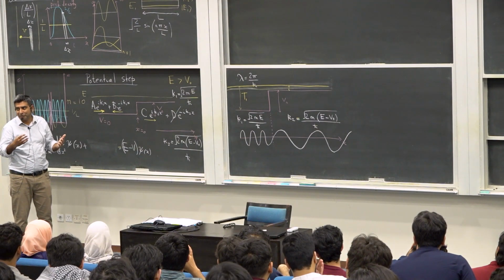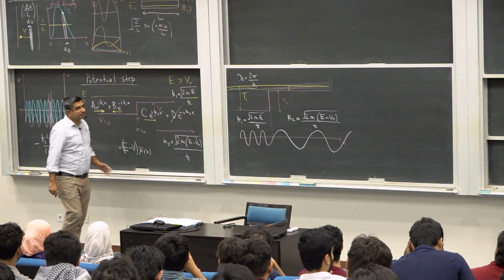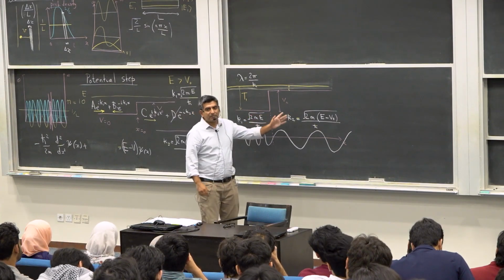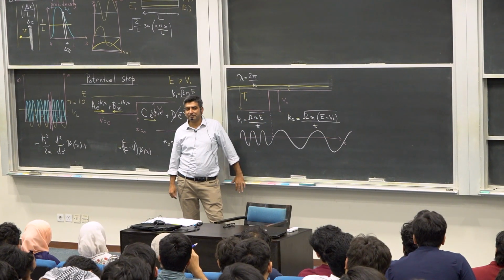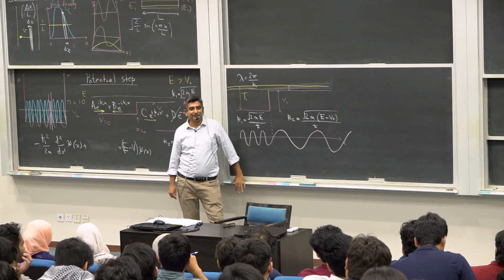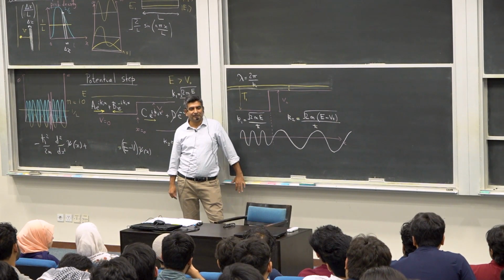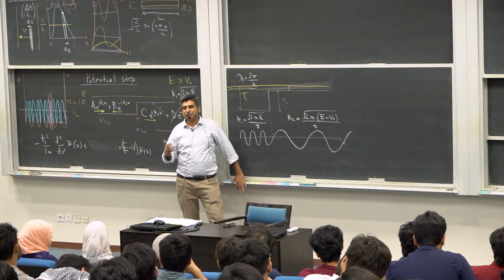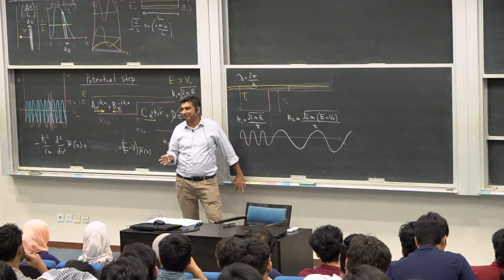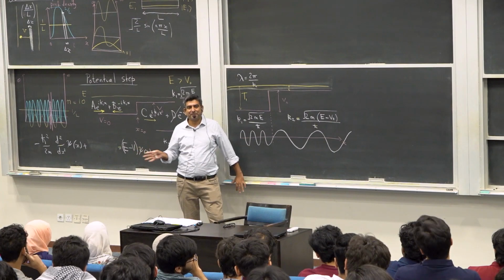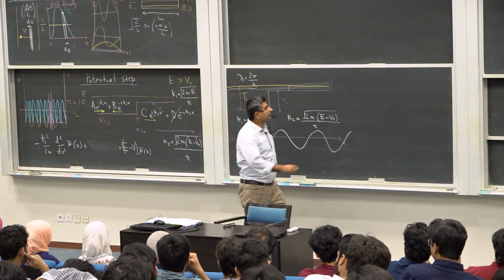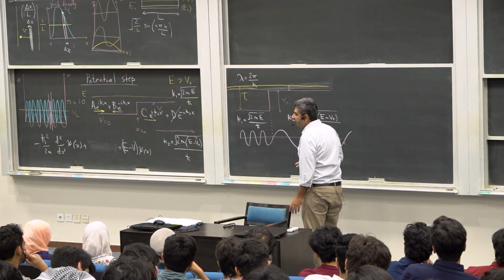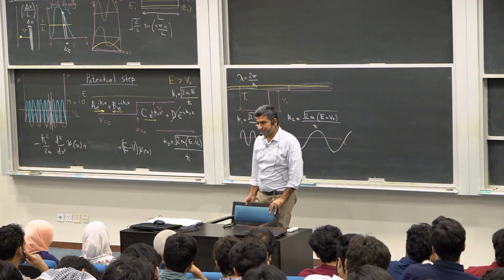B over A modulus squared. So the reflection is |B/A|^2. And what about the transmission? C over A? Only C? It has to be normalized with respect to A, everything is normalized with respect to A, how many particles are coming in and so on. So if I were to calculate B and C in terms of A, let's try to do that.